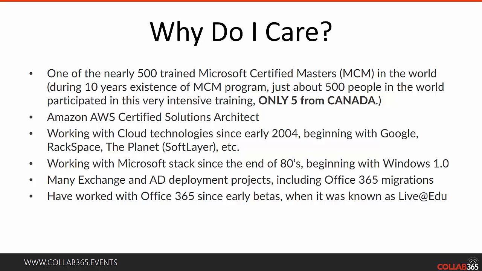I've been working with cloud technology since early 2004, beginning with Google, Rackspace, The Planet, and many others, you name it. I've been through many Exchange and Active Directory deployment projects and many Office 365 migrations. I have worked with Office 365 since early betas when it was known as Live@edu.